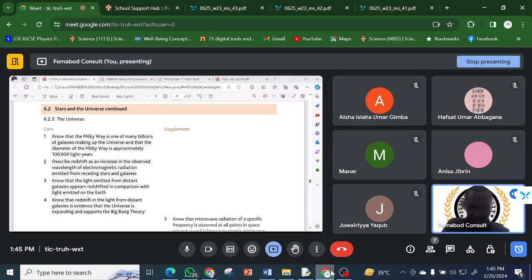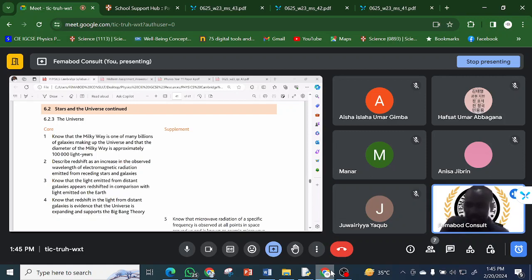And how do we describe it? Remember, from our electromagnetic spectrum, the visible part of the electromagnetic spectrum is composed of ROYGBIV. That's the seven rainbow colors: red, orange, yellow, green, blue, indigo, and violet. Right.